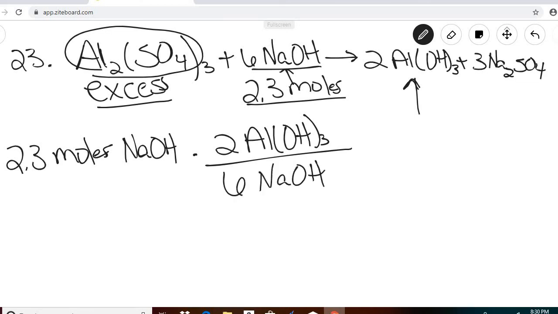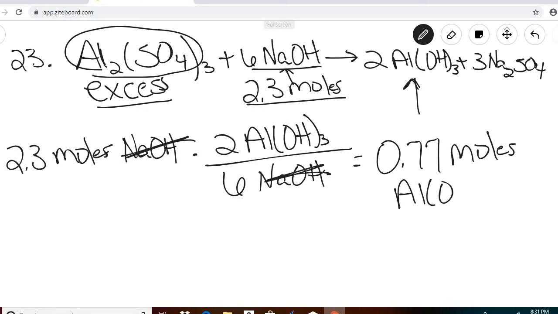Okay, so NaOH's cancel. 2.3 times 2 divided by 6 will give us 0.77 moles of AlOH3. Because you started out in moles and needed to know moles of the other, it was simply a matter of using stoichiometry and looking at the ratios.